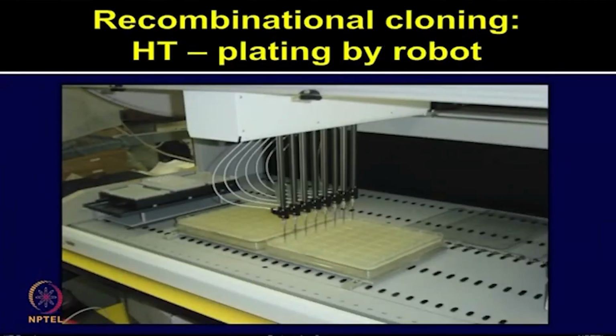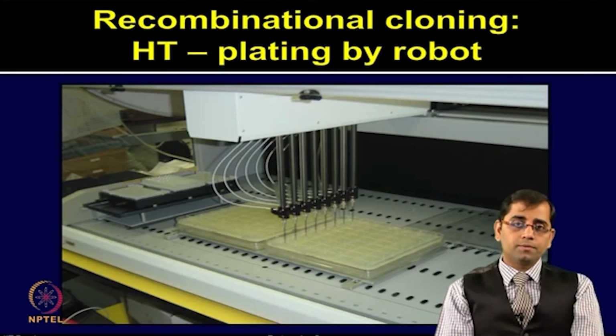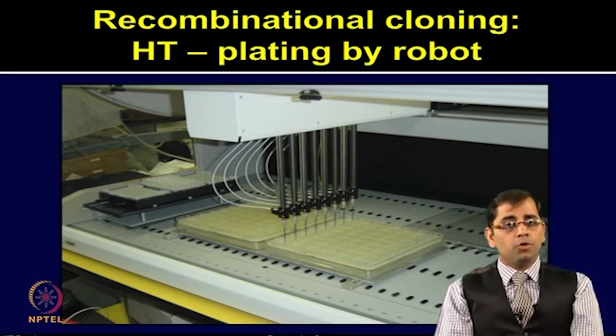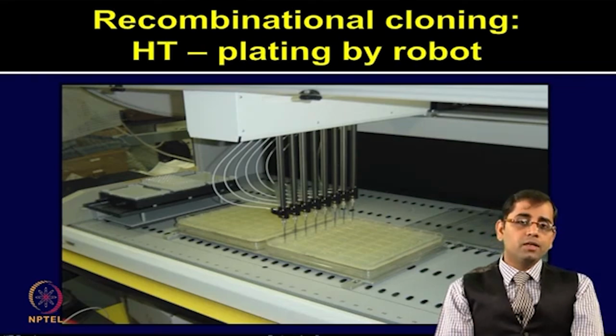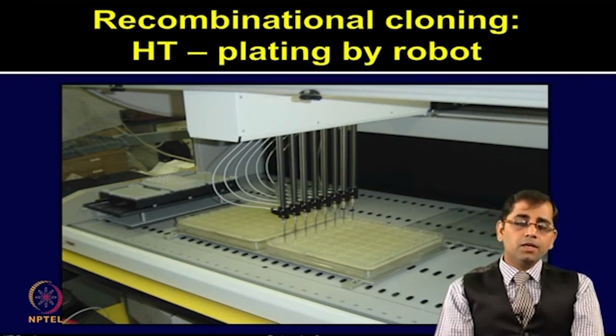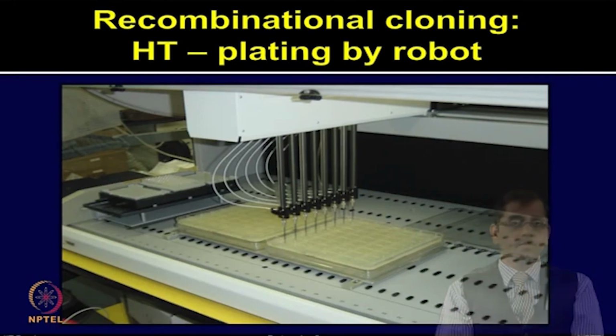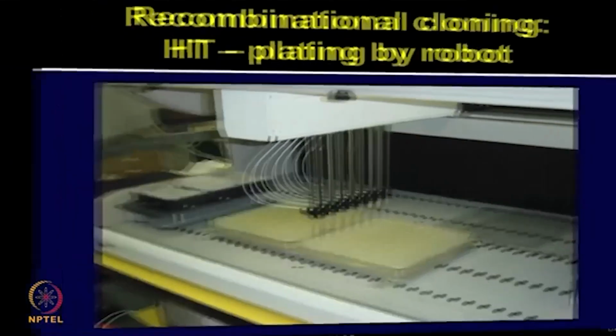Now, high throughput requirements also include the plating for the transformation by robot. The bacterial transformation can be plated by the robot onto custom designed bioassay dishes, which contain 48 compartments, as you can see in this slide, and these colonies can be further picked automatically by another robotic platform, which is a colony picking robot.